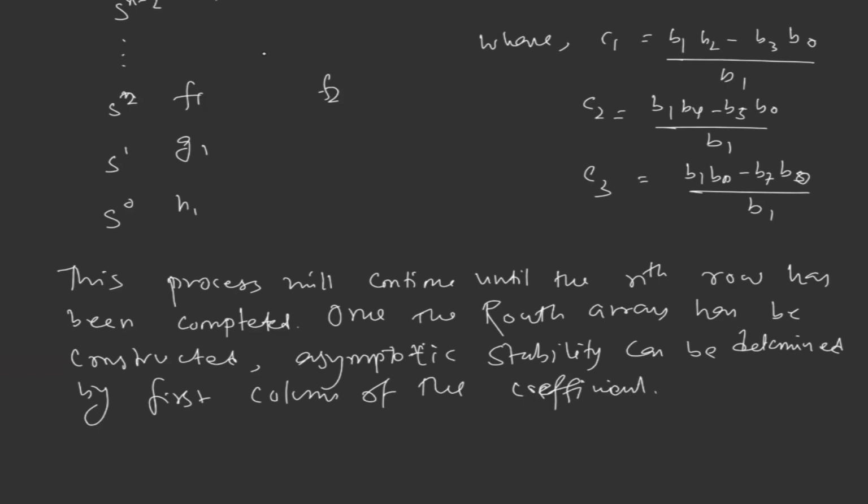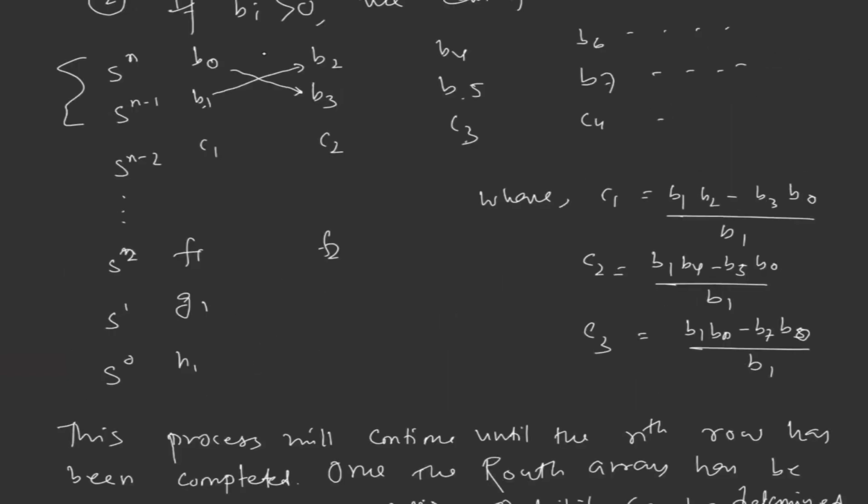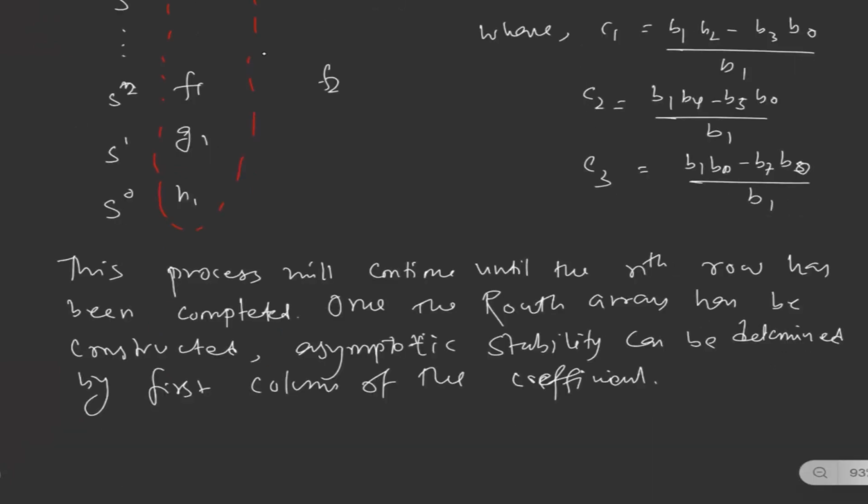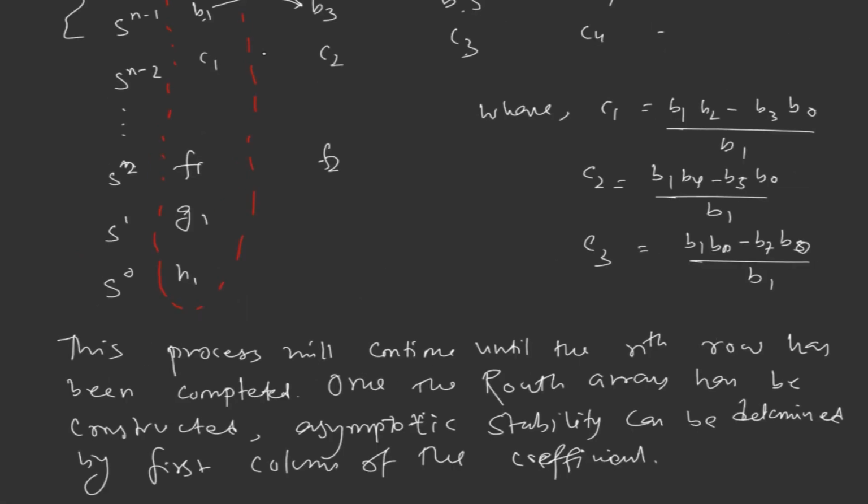So what does it mean? After forming this Routh array, we will check the first column, the terms in the first column. If all the terms are positive, then we can say the system is asymptotically stable. If any of the terms comes out to be negative, then it is ensured that the system will be unstable; there are poles on the right-hand side.